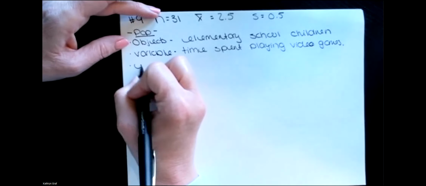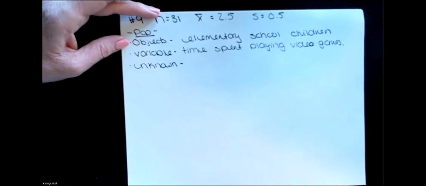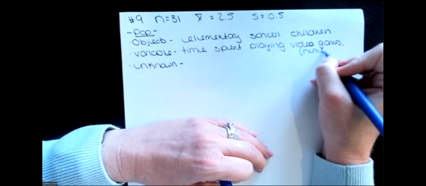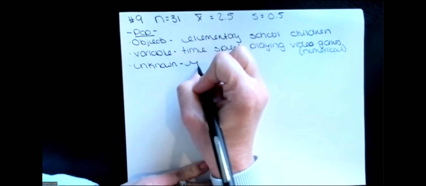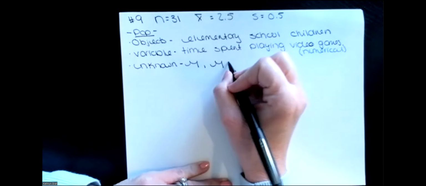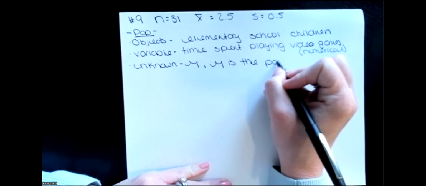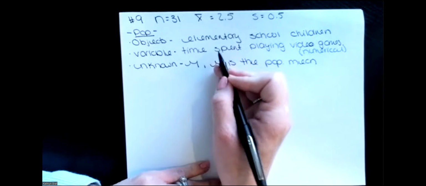And then I have my unknown. Now my unknown, remember, is where I'm going to put these two together, but I have to identify what type of variable I have. So if it's time, I'm hoping you recognize this as numerical. Okay, so for my numerical problem, then that means my unknown is mu, and I want to define mu. So I always start the same way. Mu is the population mean. And now I'm going to put these two together.